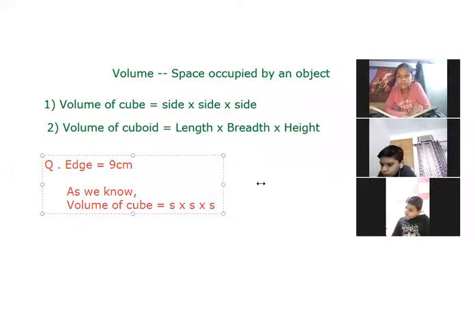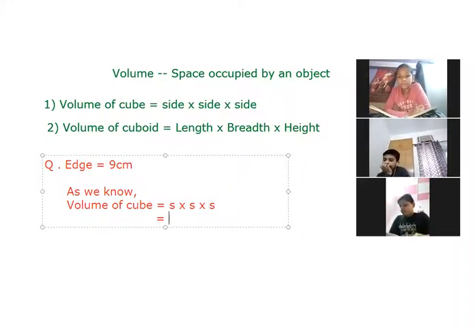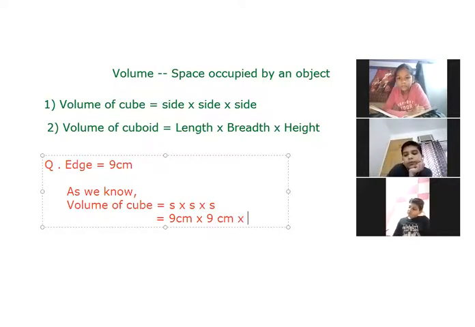In simple terms, you can write it as S into S into S. Okay, clear? So here the edge is 9 centimeter. So 9 centimeter multiply by 9 centimeter and similarly 9 centimeter. Is it clear?